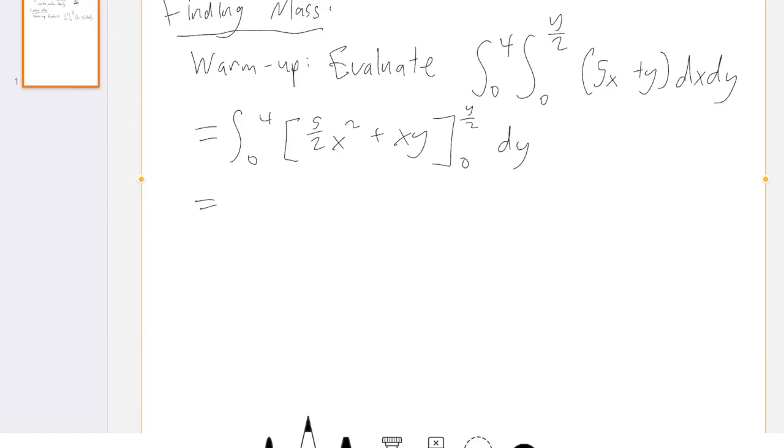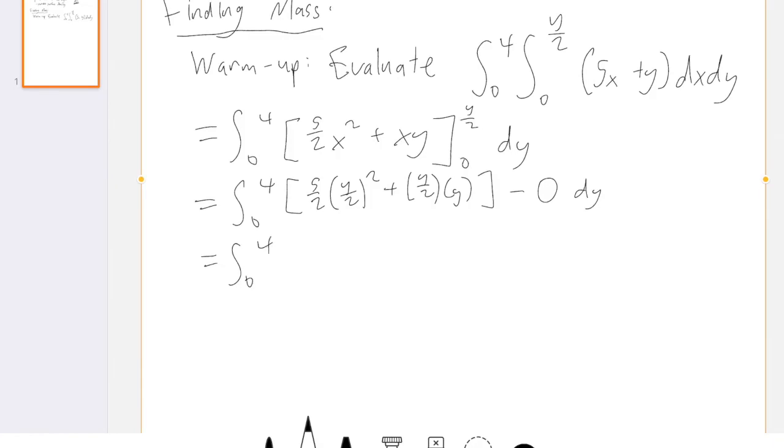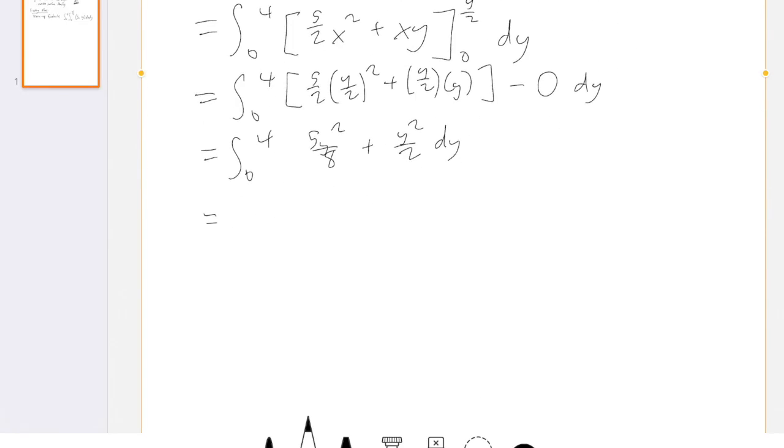Then we just plug in the bounds, so we get 5/2 times y over 2 squared plus y over 2 times y, and then the 0 term just is 0. So if we simplify that down, we'll get 5y squared over 8 plus y squared over 2 dy, which then becomes 9y squared over 8.